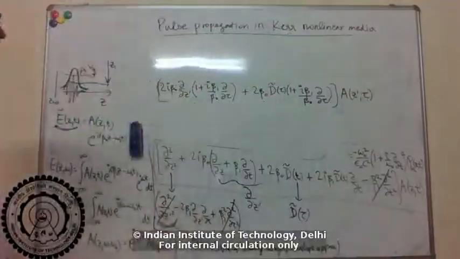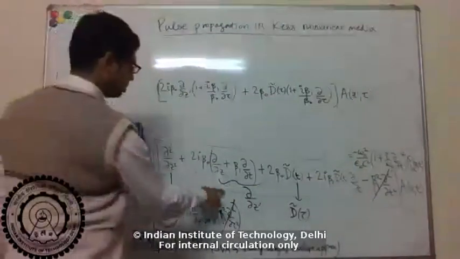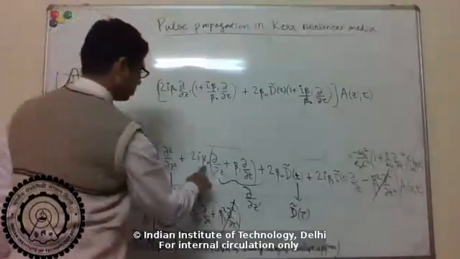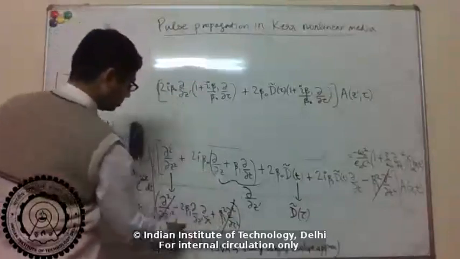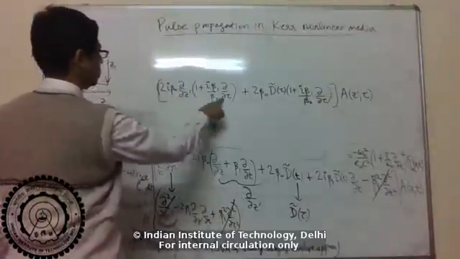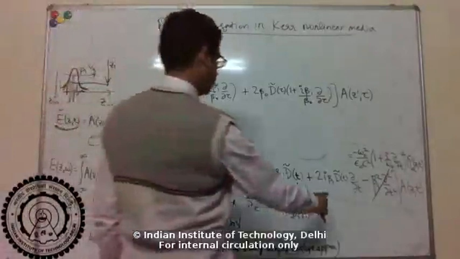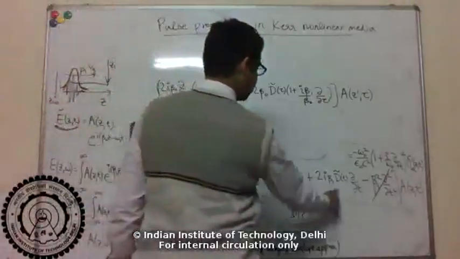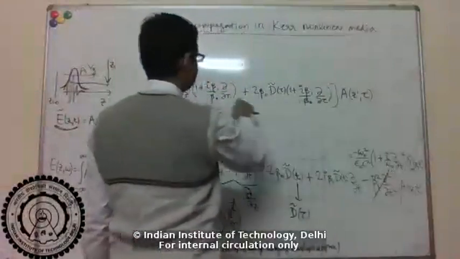So, right, so combined this term, the 2i beta del by del z, with this term, beta 1 del z prime del z tau. And similarly for the dispersion terms here. So I get the same factor.